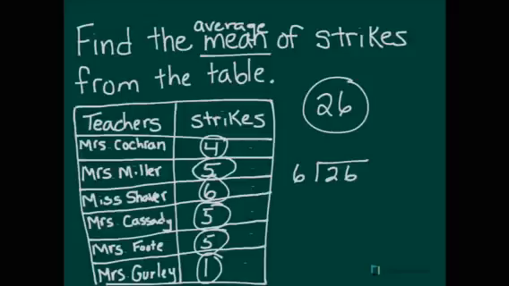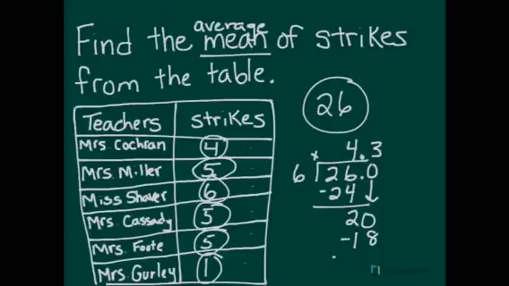I know 6 doesn't go into 2, but 6 goes into 26 4 times. 4 times 6 is 24. I subtract, I get 2. I have nothing left to bring down, so I'm going to add my decimal point and bring down the 0. 6 goes into 20 3 times. 3 times 6 is 18.